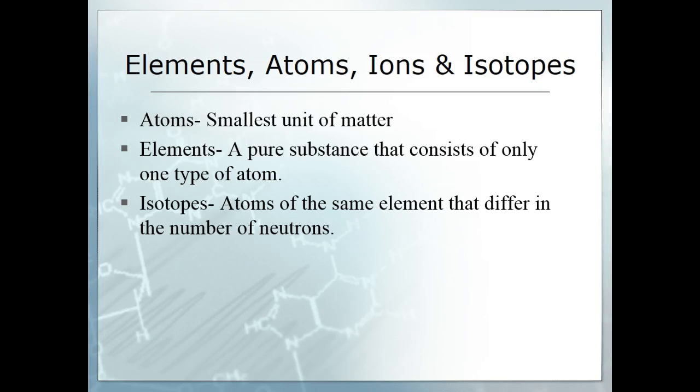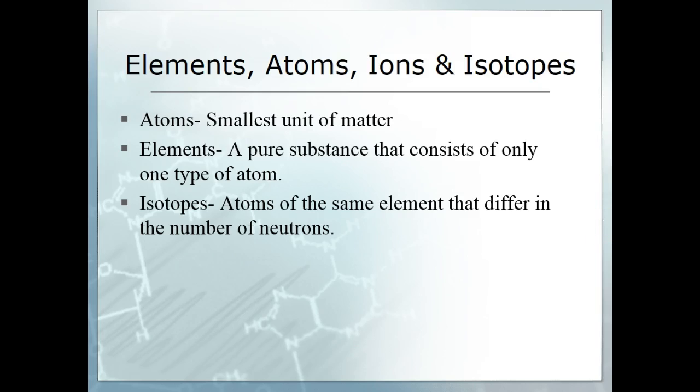Isotope we talked about before, remember, with the number of neutrons. Isotopes are atoms of the same element that differ in the number of neutrons. So if you have carbon, and carbon has 6 protons and 6 neutrons, and you differ in the number of neutrons from 6, then all of a sudden you get an isotope, and those isotopes are radioactive.